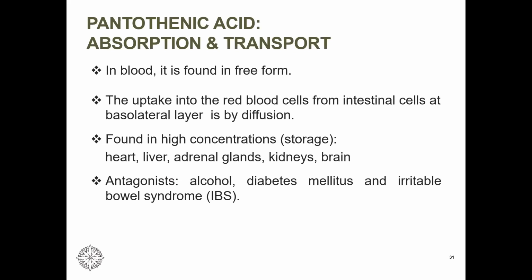Absorption inside the blood cell via the basolateral layer is simply by diffusion, and it can be stored for a short duration in these organs. And as with any other nutrient, conditions such as IBS or diabetes mellitus are considered antagonists because they interfere with the absorption.